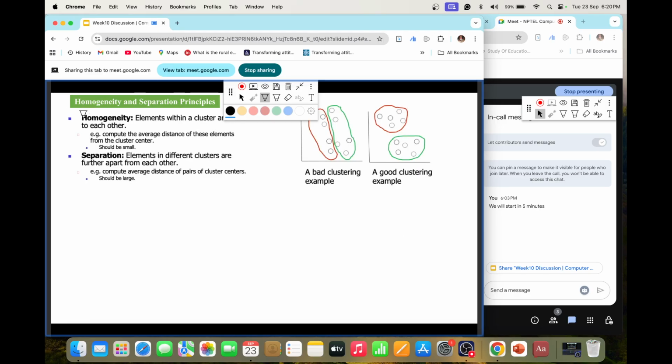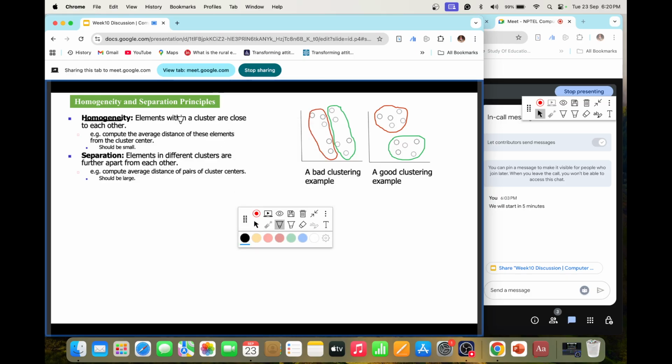Cluster cohesion is also known as homogeneity. Homogeneity means elements within the cluster are close to each other. You can see in this image that this is a bad clustering. Why? Because the homogeneity is very low. We have two clusters, the red cluster and the green cluster.